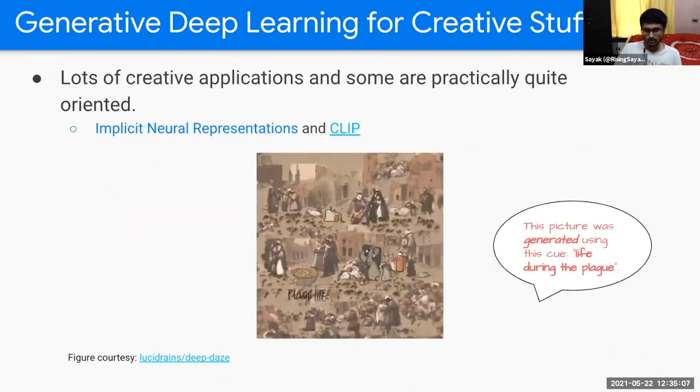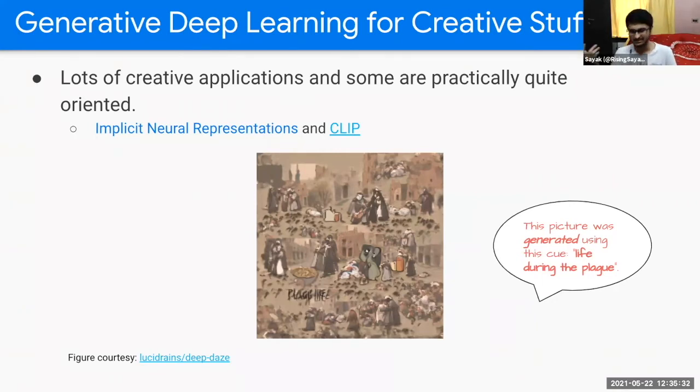And there's also a noticeable trend around implicit neural representations and something called CLIP, which stands for contrastive language image pre-training. And what if I told you this image was generated by this caption, "live during plague"? So the image that we are currently seeing was actually generated from this caption. Yeah, isn't this amazing?